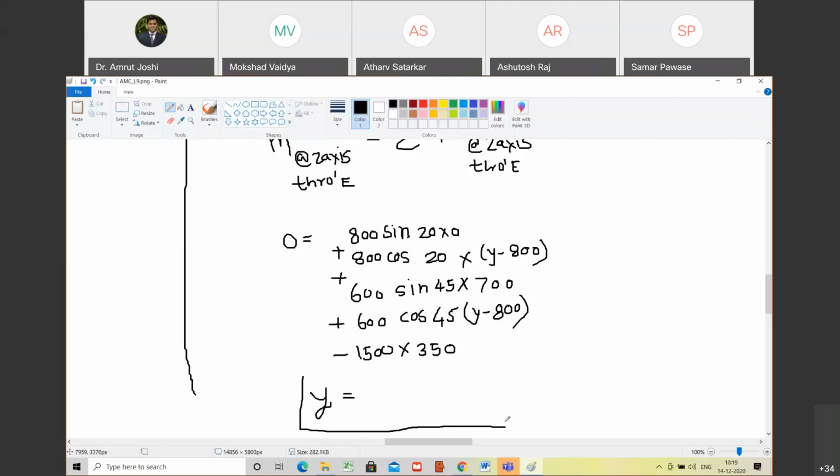Shift solve. That gives me y is equal to 993.88.